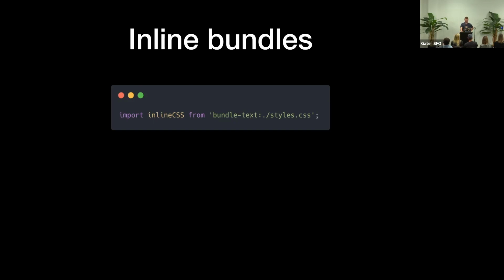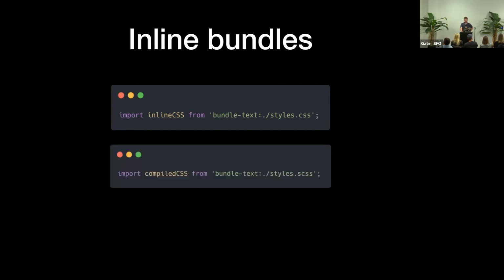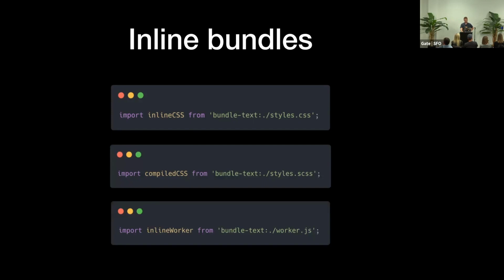The cool thing is that it doesn't just take your source file and put it in your JavaScript. It'll actually compile it. Here I'm importing a Sass file, and this will actually be compiled. It'll go through the whole compilation and optimization pipeline, compile to CSS, and then re-inject it into my JavaScript. Maybe you want to do that with a web worker or something like that. You can do it.